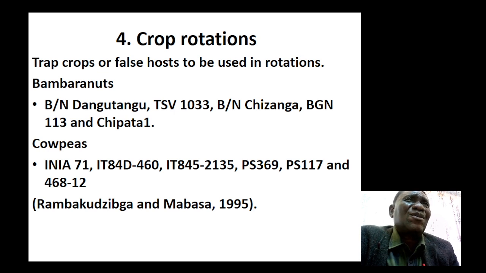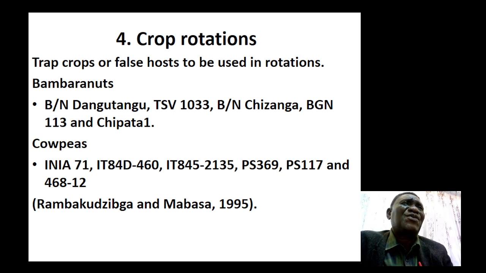They could cause a lot of germination of Striga, but yet they were not attacked. We also have cowpeas, which produce a lot of stimulants, yet they do not support Striga.